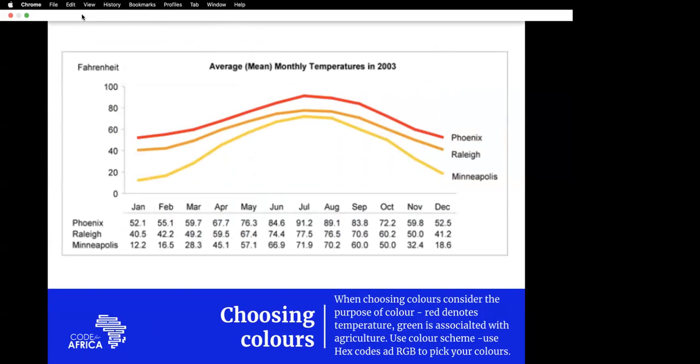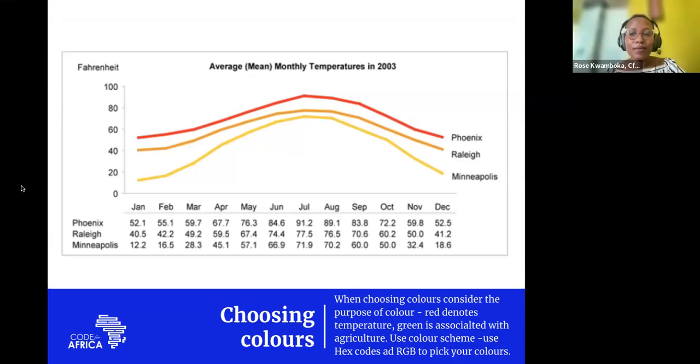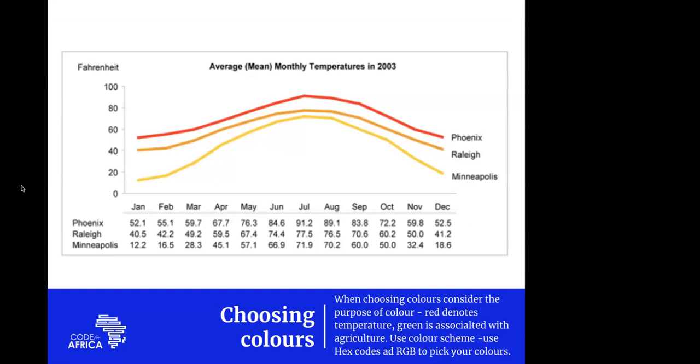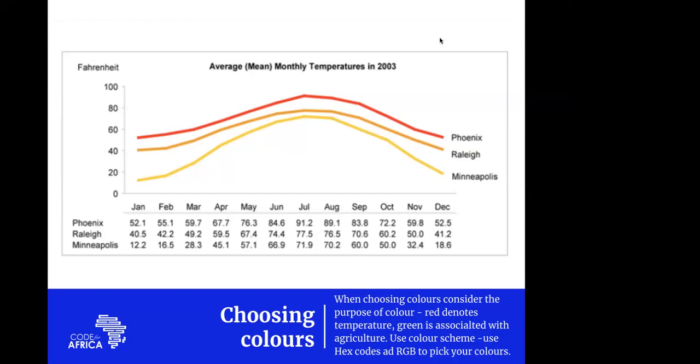That is a statistical hypothesis, but from the presentation, between Raleigh and Minneapolis, it is not distinctively unique or different, so it's very confusing in terms of color coding.